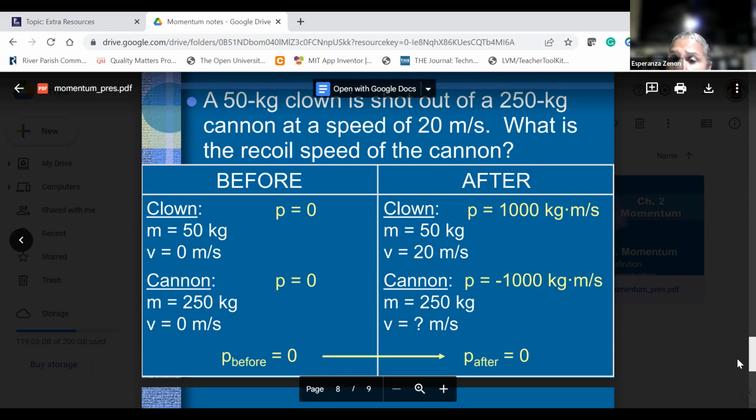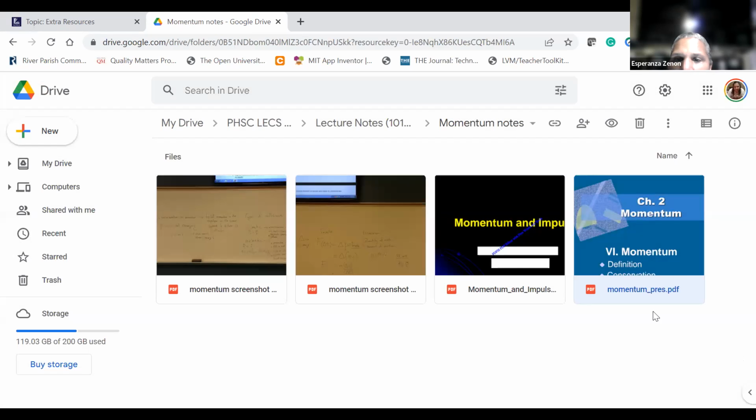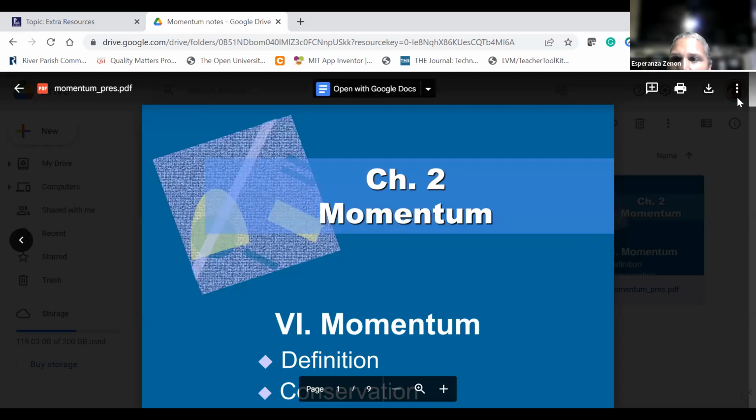But see, the only way I can get that negative 1,000 is to know that the total has to be 0. And I know that the total has to be 0 because the total before was 0. And momentum conservation says whatever the total is before has to be what the total is after.